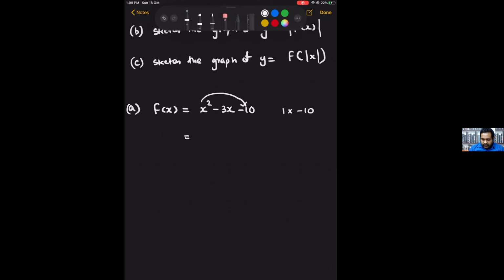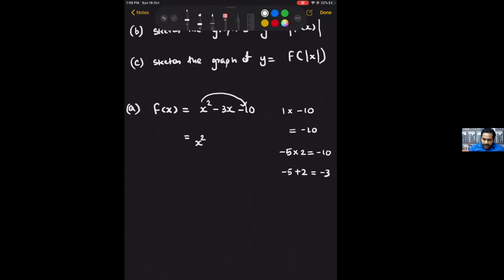So 1 into minus 10, we have to get minus 10. And we have to get a sum of minus 3. It's good for splitting the central term. So minus 5 multiplied by 2, we are getting minus 10. Minus 5 plus 2, we are getting minus 3.